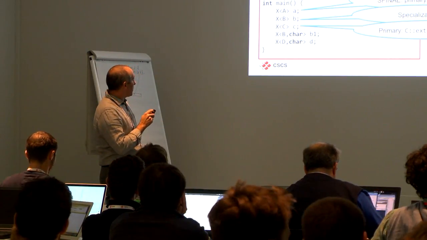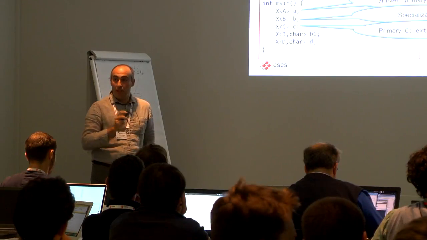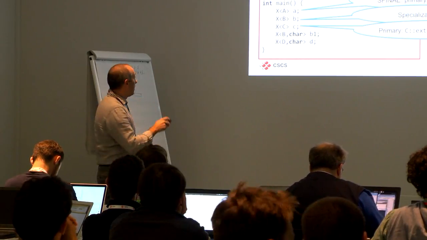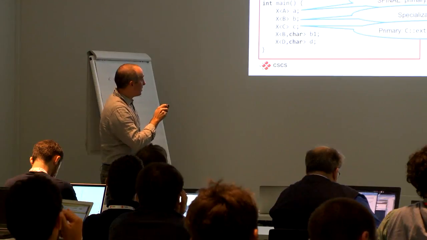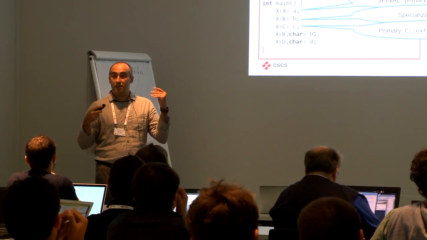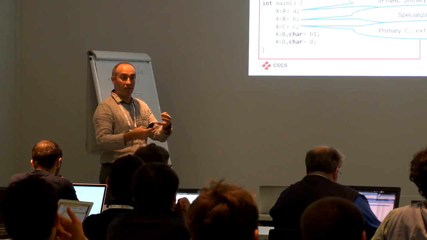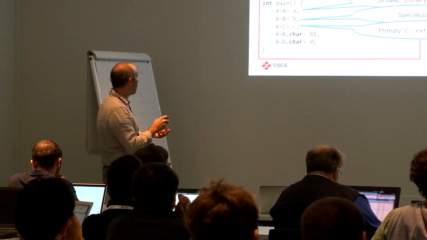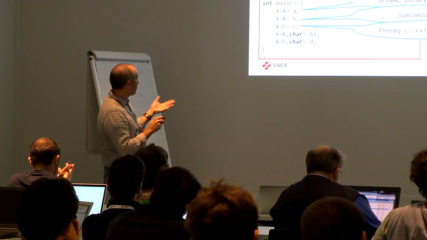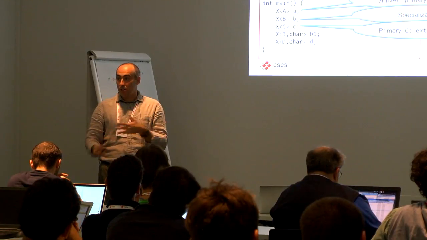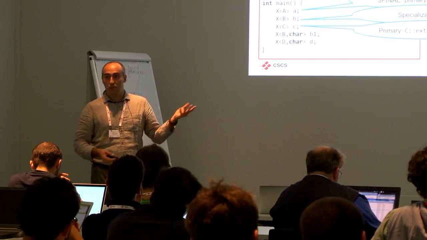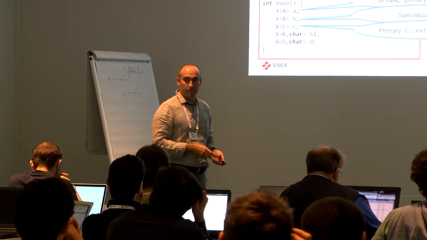Now I go here, so the second template argument must be int. So I'm looking, in my specialization lists, for something which has a C and int and matches very well what I'm specifying. But C extra type is float, so it's not int, it doesn't match, and you go to the primary template.